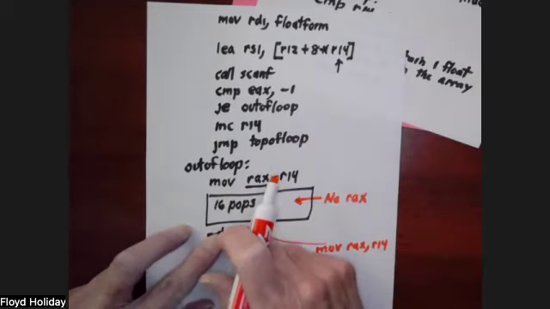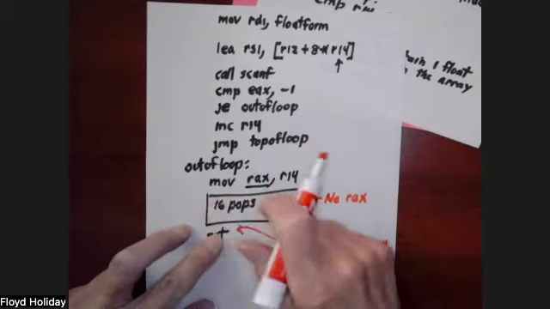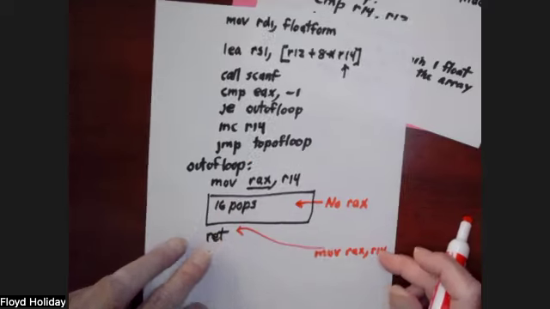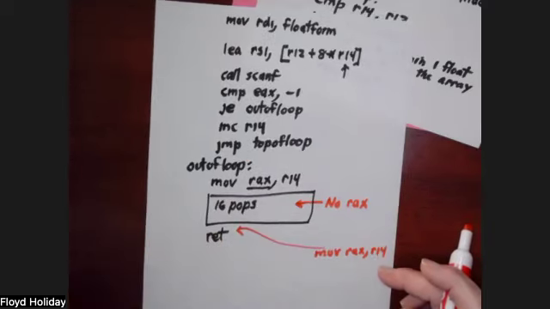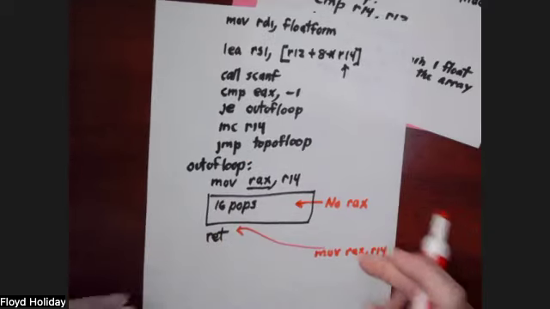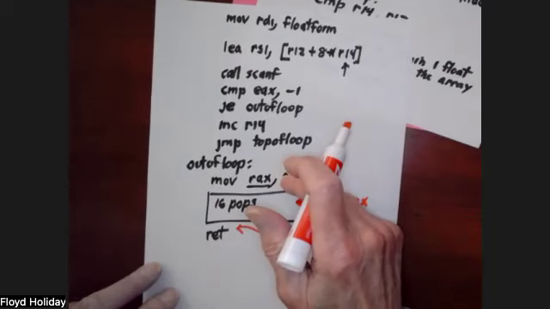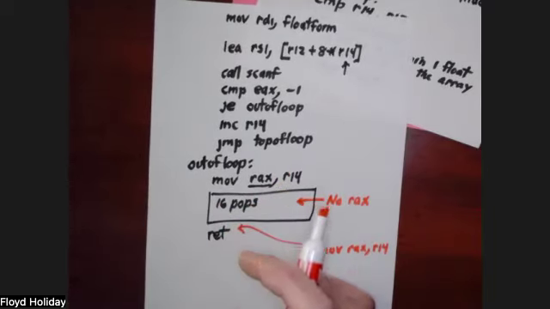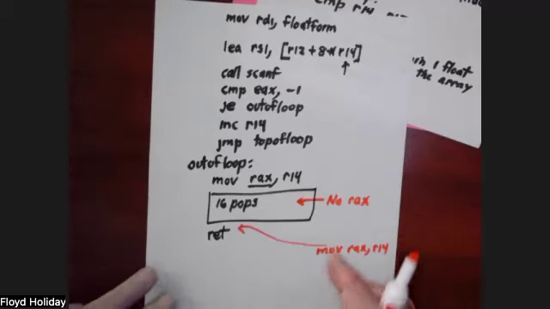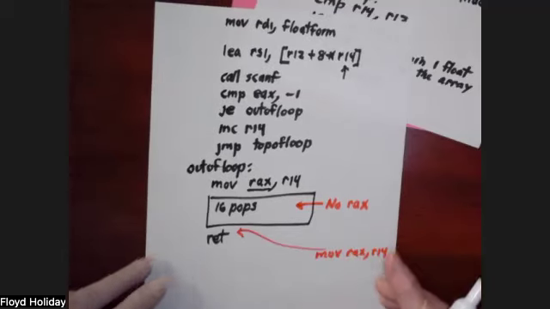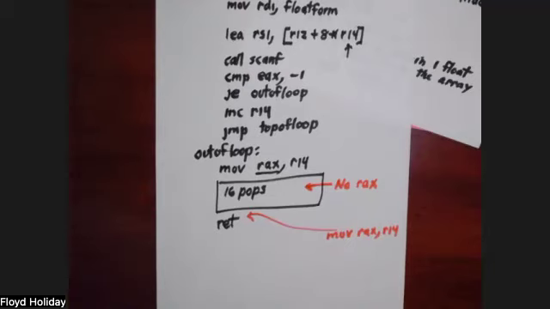If you put it down here, R14 has already lost it with one of these pops before that. So just moving this statement below the pops doesn't help either. The only answer is there's no RAX in the pushes or the pops. Intentionally, you never include that one.